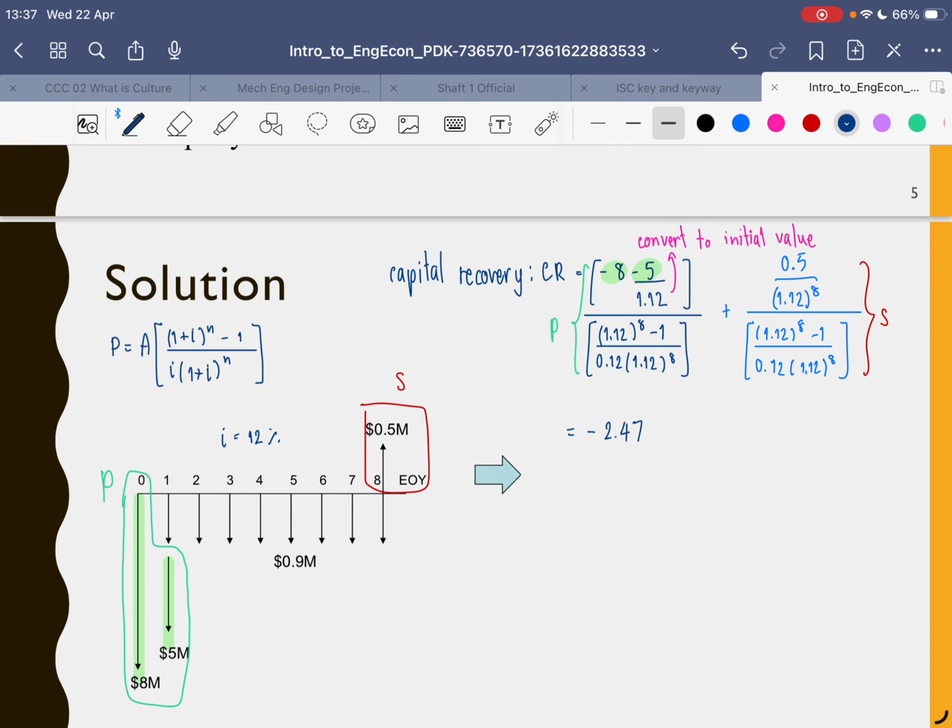The question also asks about annual worth, which is easy because we calculated capital recovery as 2.47 already, and it has the annual operating cost of 0.9. Therefore, the annual worth is minus 3.37.